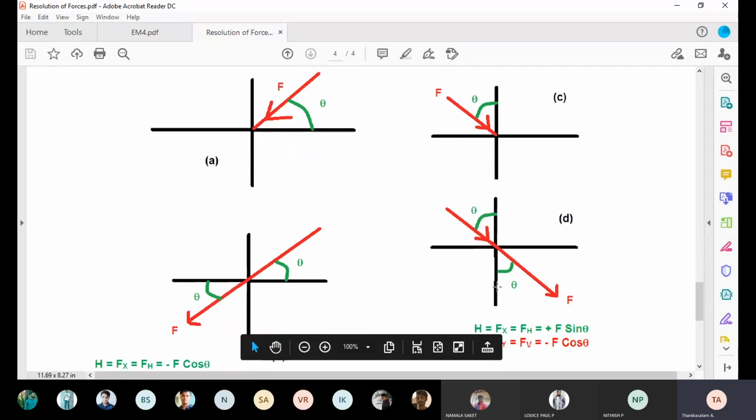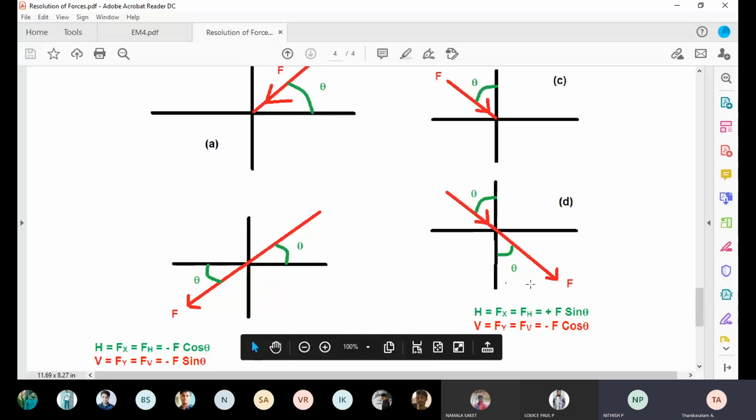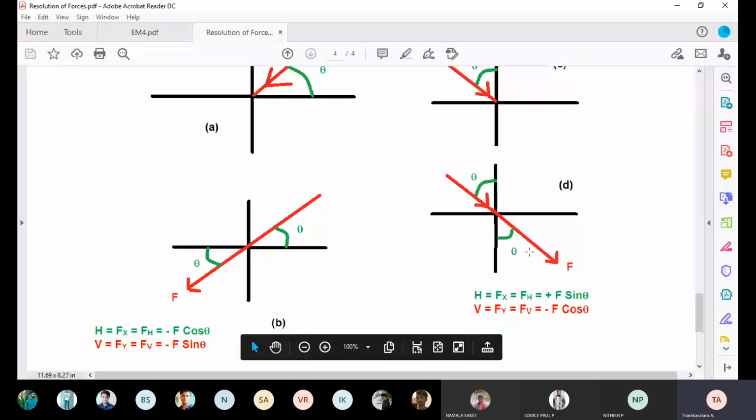Don't change it, be careful. Don't change the angle. Here theta is along the y-axis. When projecting, the quadrant changes to the fourth quadrant. Now resolve. Theta is with respect to the y-axis, so it's the fourth quadrant. X means plus, F sin theta, because along the x-axis there is no theta. Along the y-axis, theta, fourth quadrant, minus F cos theta. Students, do you understand?